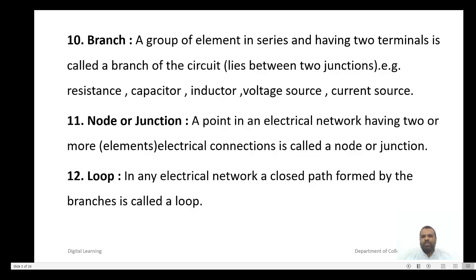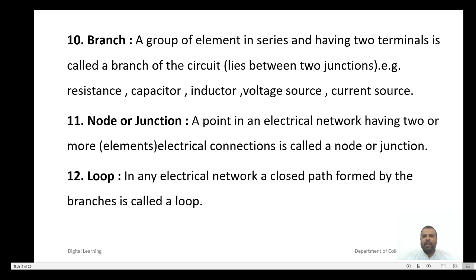Tenth one, branch. A group of elements in series and having two terminals is called a branch of the circuit, which lies between two junctions. For example, resistance, capacitor, inductor, voltage source, current source, independently in the circuit, are called a branch. Eleventh one, node or junction.